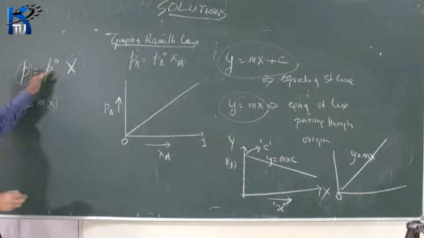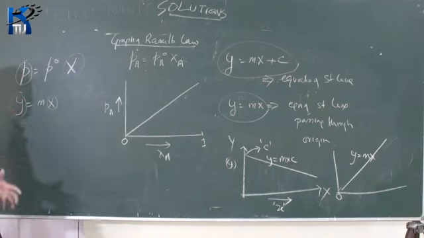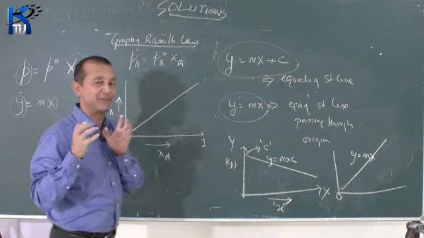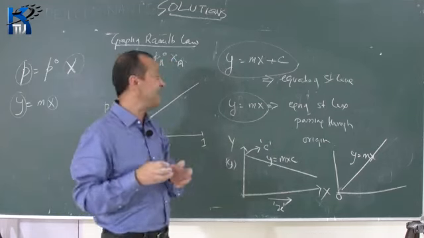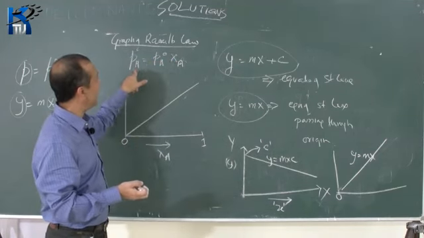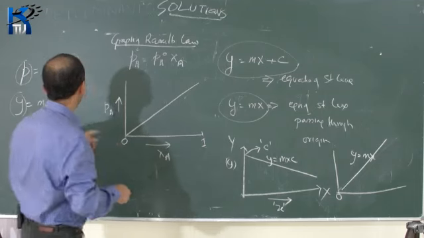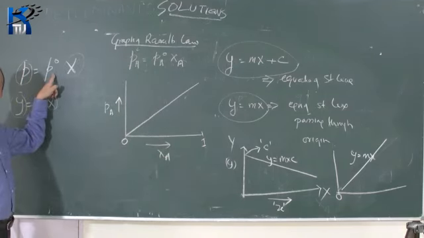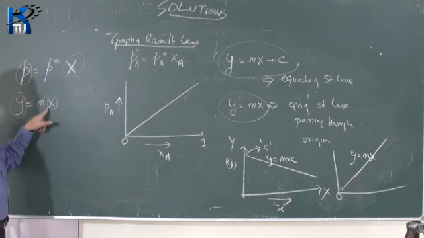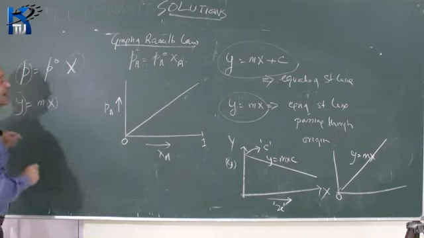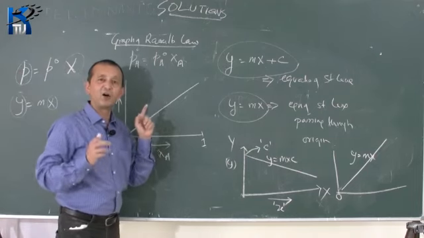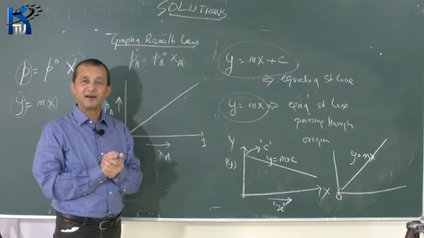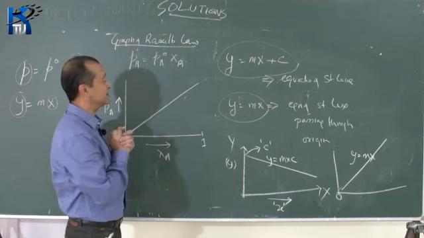So comparing these two, even without finding PA and XA experimentally, we can conclude just by comparing the Raoult's law expression with y is equal to mx that this will be a straight line passing through the origin.